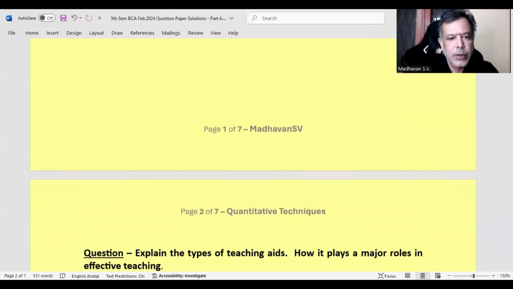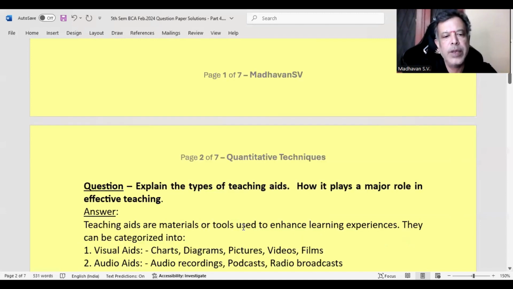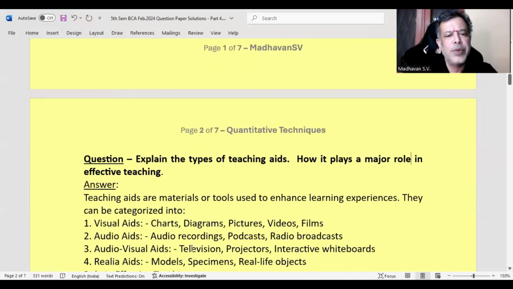Next is a theoretical question. Explain the types of teaching aids, and how they play a major role in effective teaching. Teaching aids can be visual aids, audio aids, audio-visual aids, or realia aids. These are the materials or tools used to enhance learning experiences. In visual aids, we have charts, diagrams, pictures, videos, or films to explain any topic or concept. Audio aids are audio recordings, podcasts, radio broadcasts.